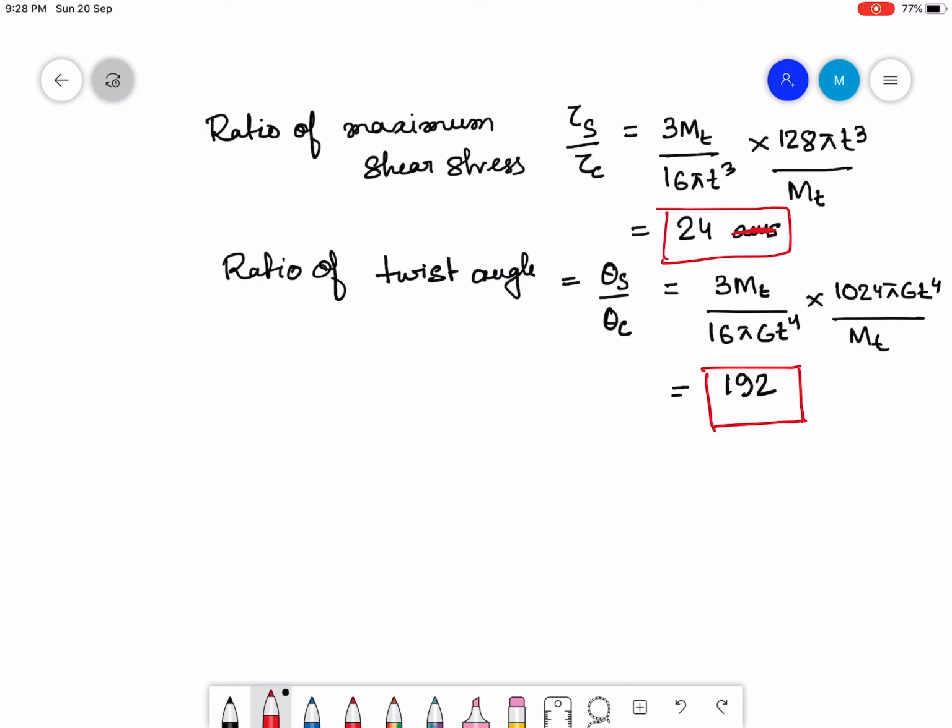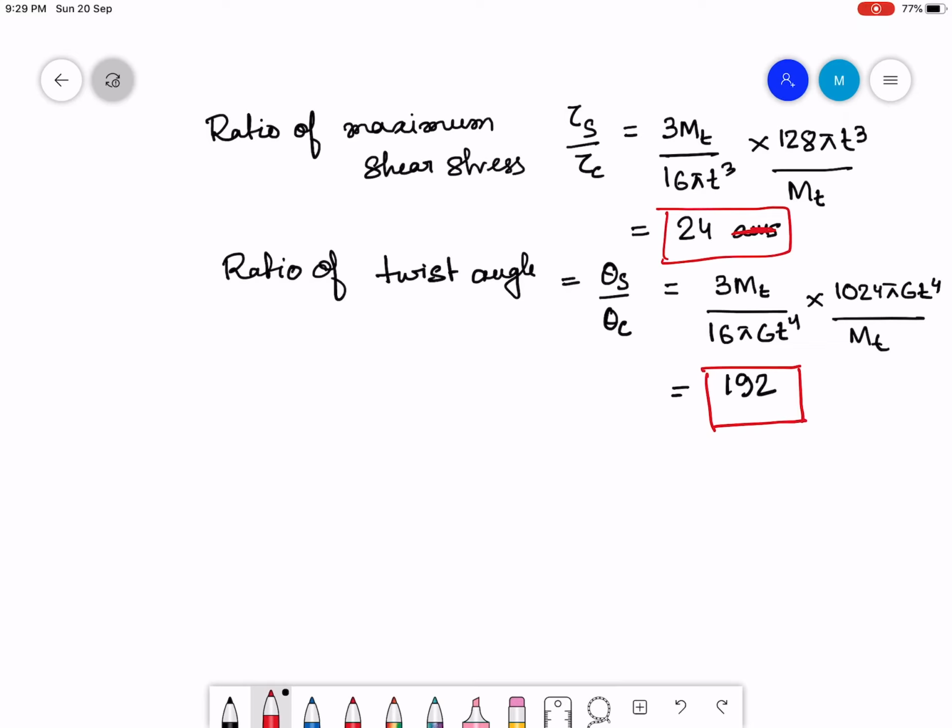Okay, so the ratio of the maximum shear stress is going to be 24, everything remaining same. The maximum shear stress produced in an open cross section shaft compared to the very similar closed cross section shaft is 24 times, and so is the angle of twist, which goes even higher and becomes 192 times the angle of twist for a closed cross section shaft.